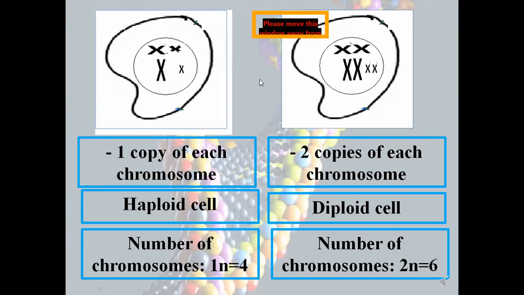Here, in the diploid cell, 2n is equal to how many? 1, 2, 3, 4, 5, and 6. So 2n is equal to 6. So this is the diploid cell.